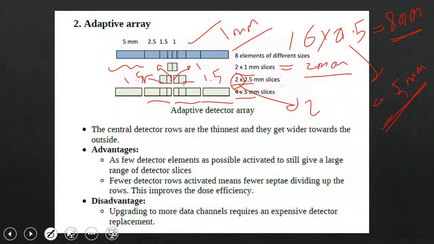For me, I can produce images at thicknesses of 1, 2, 5, 10, and even 50. But I cannot do it at 0.25, because the raw data I received is 0.25.